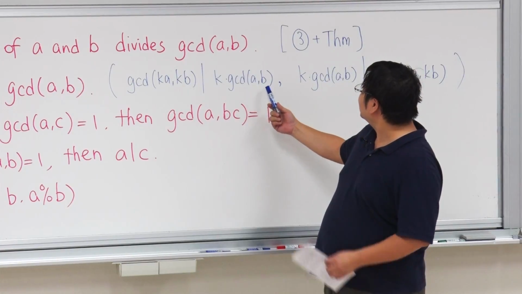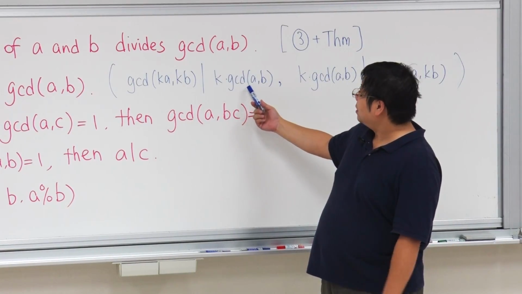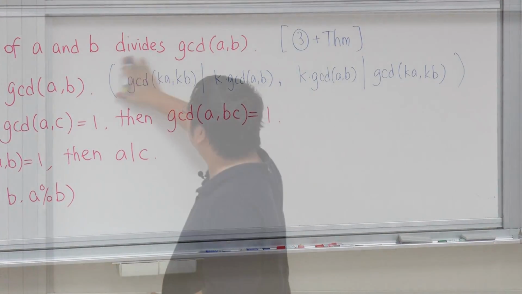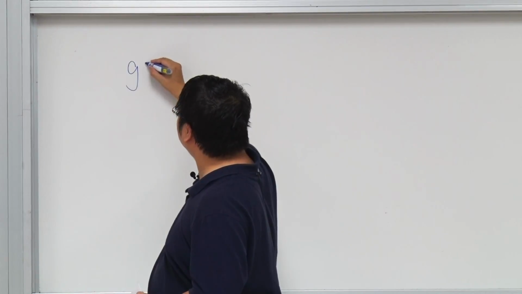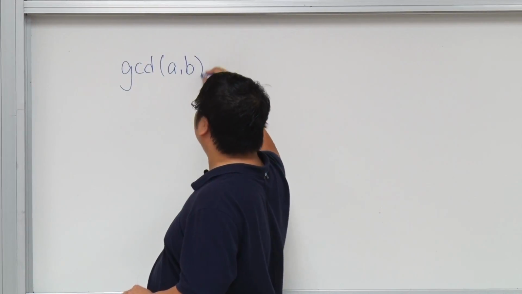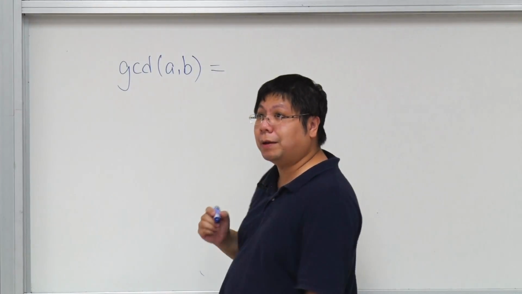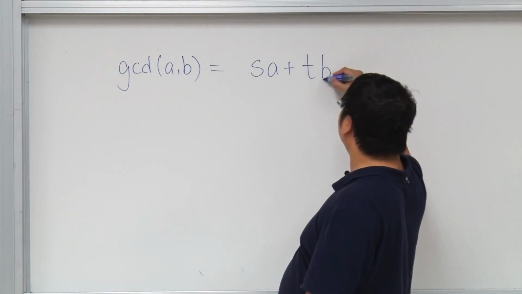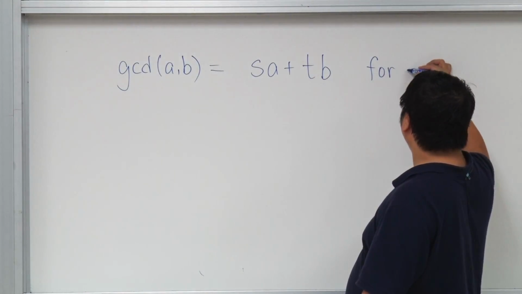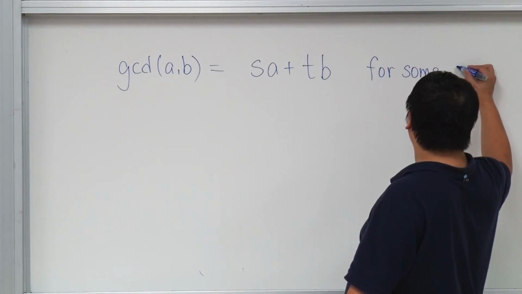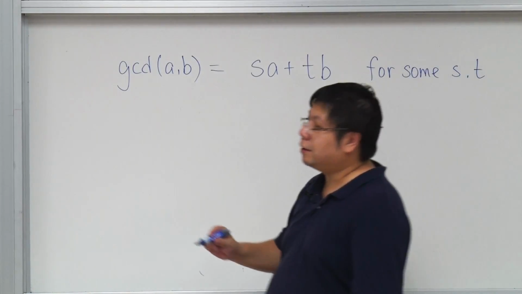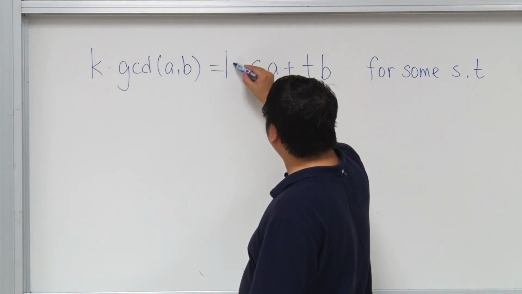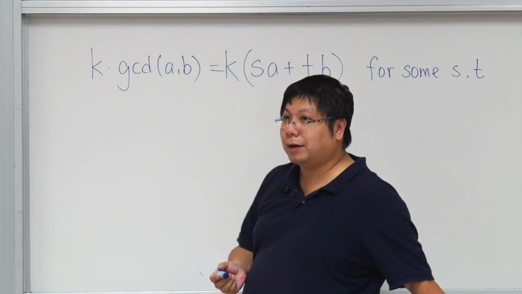This direction, it is because of what? Because the GCD of A and B is a linear combination of A and B. So it is equal to SA plus TB for some S and T. If we multiply K to it, then this is equal to K times (SA plus TB), right?